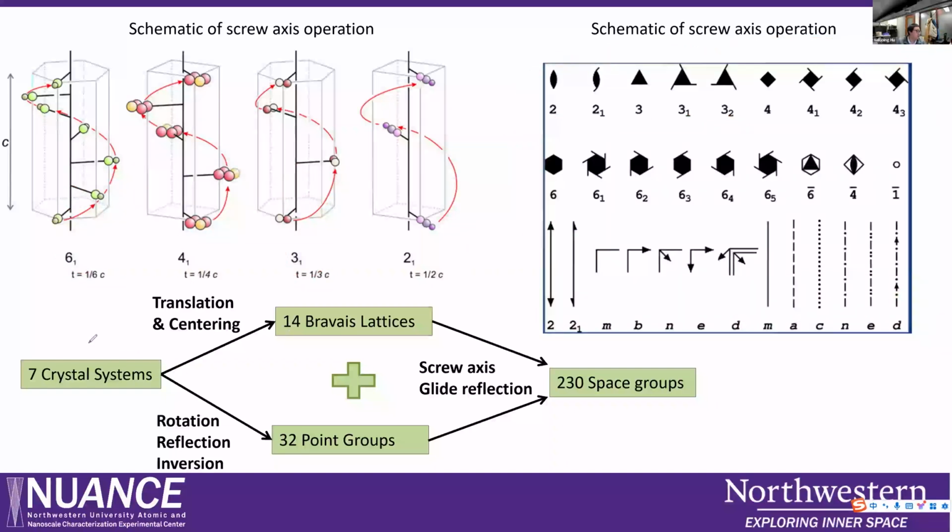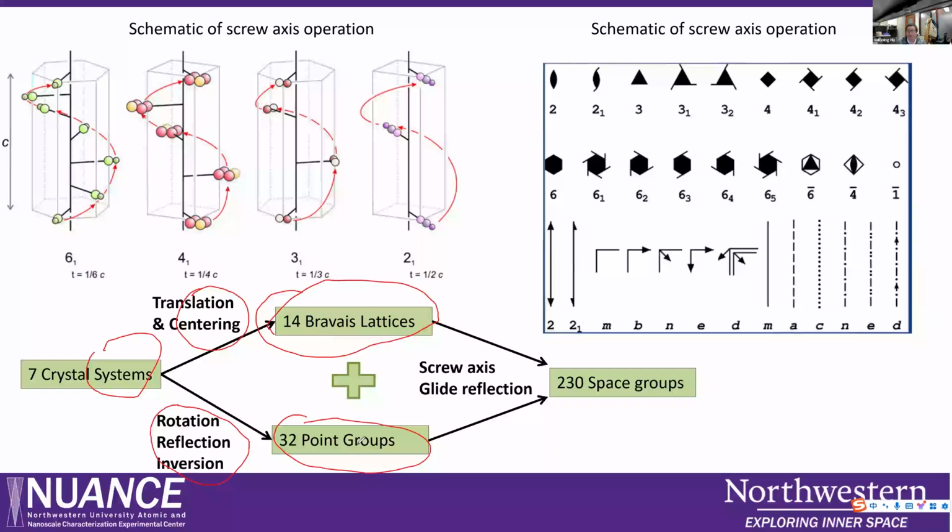Okay, so previously I showed you that we have 7 crystal systems. If you add the translation and centering, you get 14 Bravais lattices. And if you only apply operations like rotation, reflection, and inversion, without translation, you get 32 point groups. A point group is not 3D; it's 2D in nature.